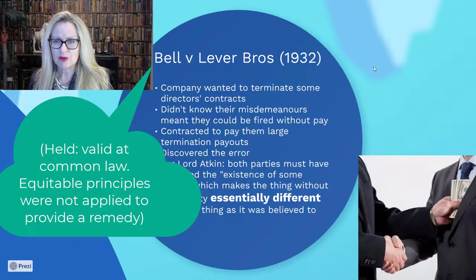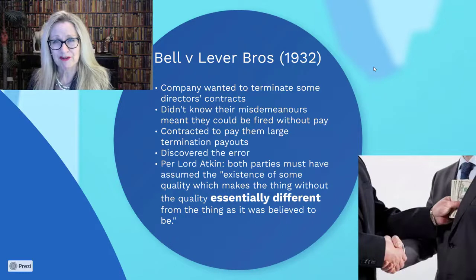And therefore, it's not essentially different, not void at common law. Typical, fairly hard-nosed common law point of view, but one that makes the line of common law decisions very reliable, I guess, and makes the certainty of contracting optimal, doesn't it?